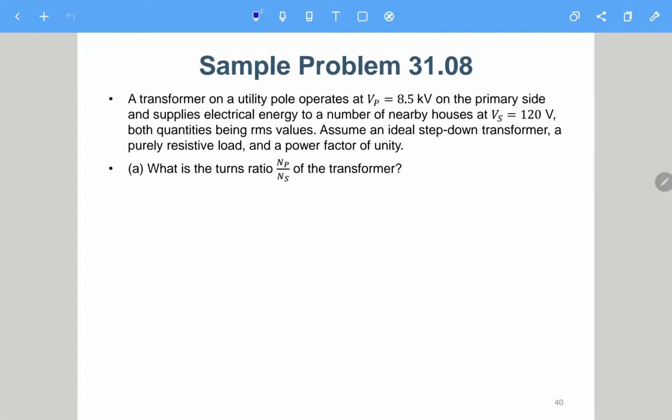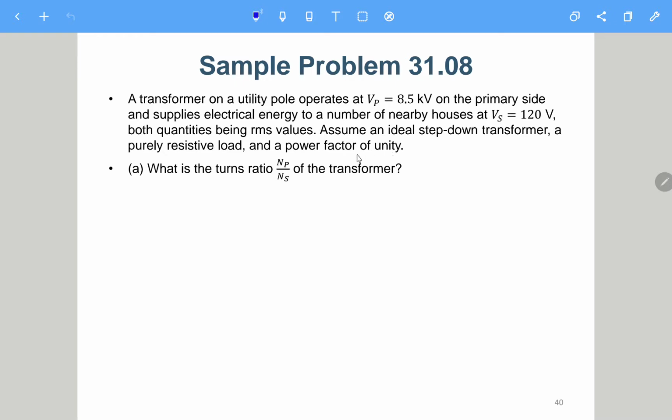And here we have a sample problem regarding this. It says a transformer on a utility pole operates at Vp equals 8.5 kilovolt on the primary side and supplies electrical energy to a number of nearby houses at Vs equals 120 volts, both being RMS values. Assume an ideal step-down transformer, a purely resistive load and a power factor of unity.